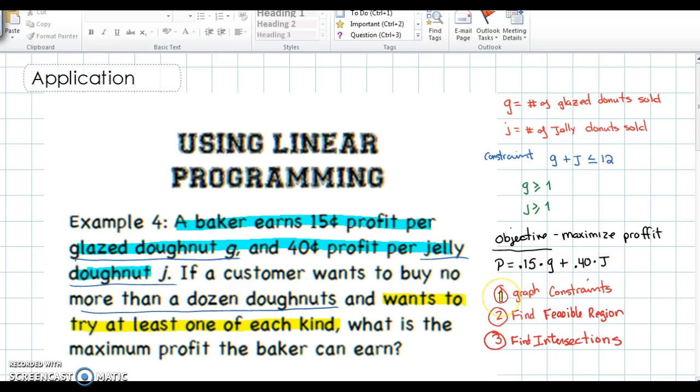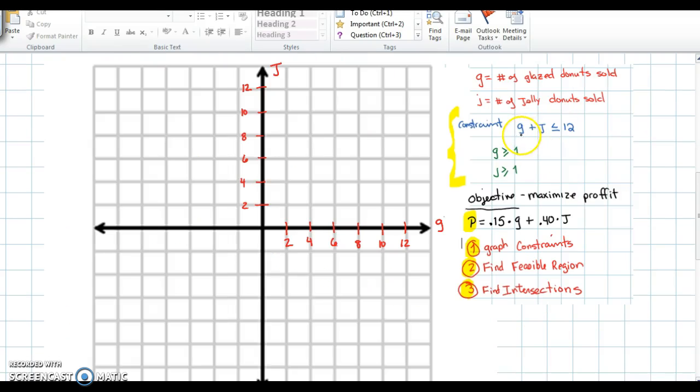The next thing we're going to need to do is to graph the constraints found up here, find the feasible region, and find intersections. With those intersections, we will then put them into the profit function to see which one is the largest. So it looks like we're going to need something as big as 12.